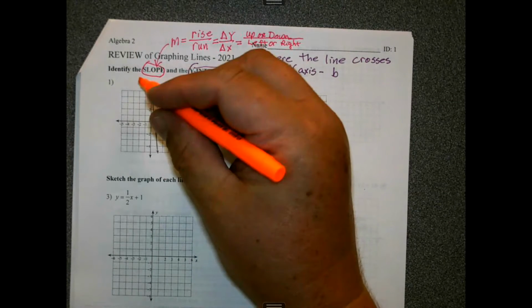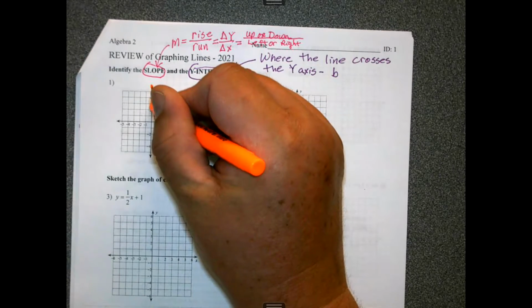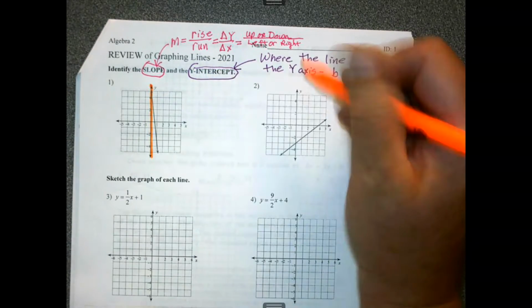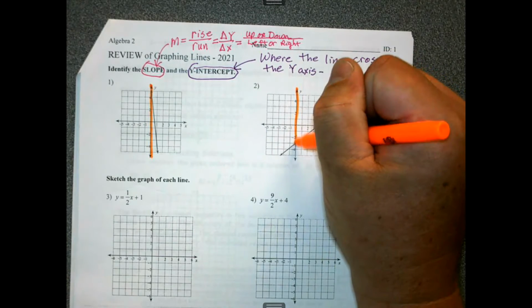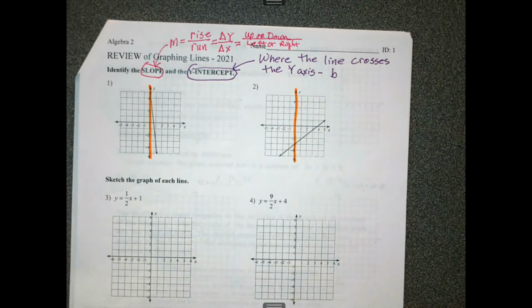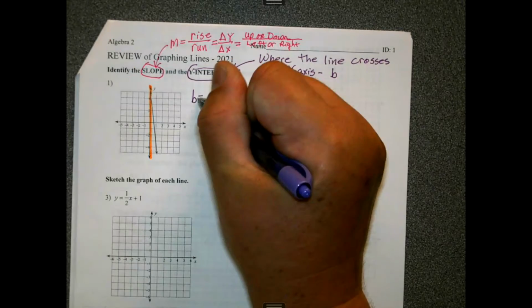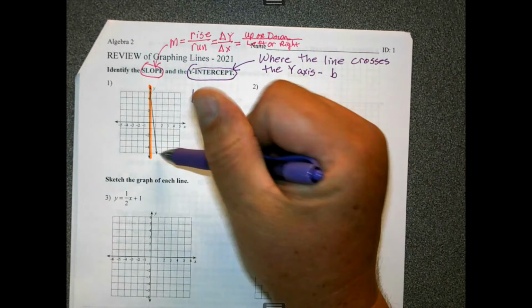So here's my y-axis. And where does, let's do the y-intercept. So where does it cross my y-axis? So here's our line.